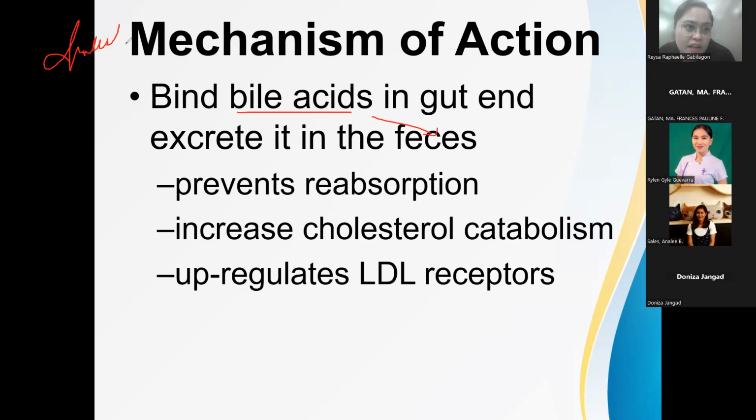Sabi ko nga kanina, bile is made up of cholesterol. So yung cholesterol mo sa blood mo or sa other parts sa body, kukunin yon, dadalhin doon sa liver para mag-produce ng bile acid na naman. So that's in that way, bababa yung cholesterol mo sa body. Kasi yung mga excess doon sa body mo gagamitin to make this one.